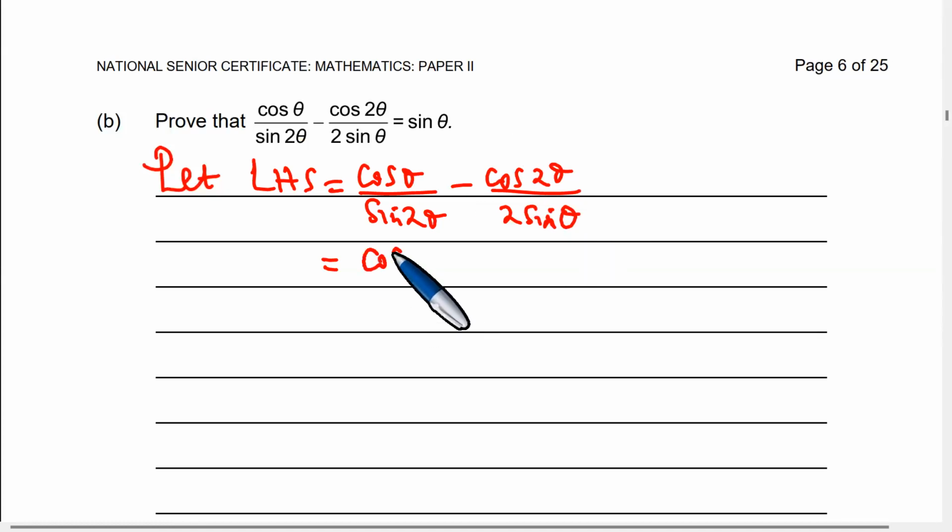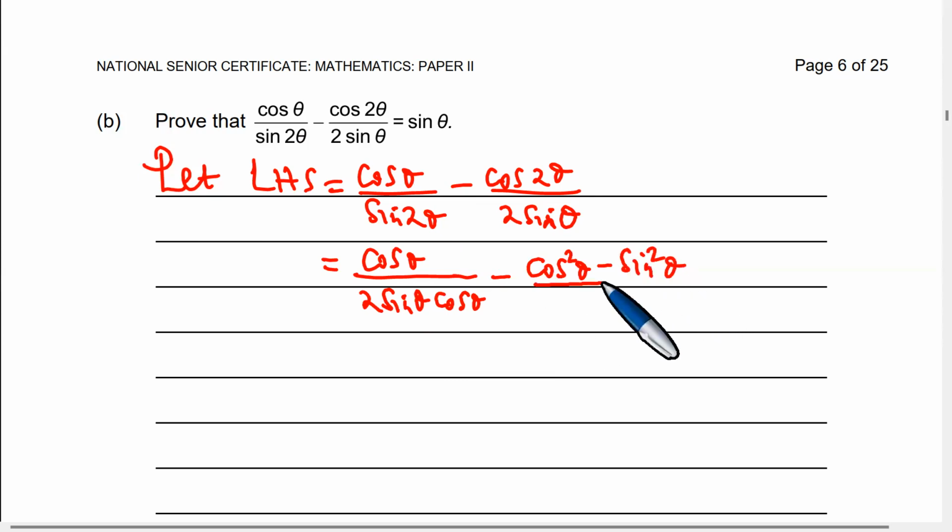This one is just using identities. So sine 2 theta is equal to 2 sine theta cosine theta, minus, what is cosine 2 theta? We can also write it as cosine squared theta minus sine squared theta, divided by 2 sine theta.